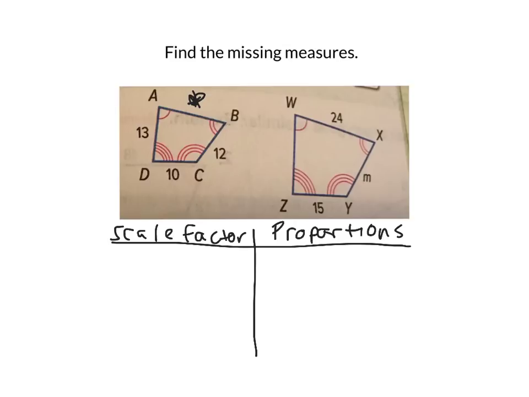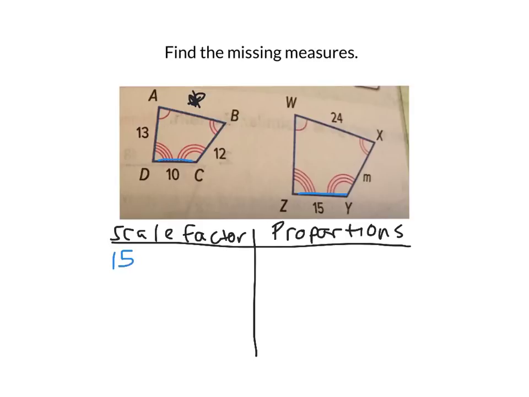So, again, in order to find the scale factor, I'm going to take corresponding sides and I'm going to set up a proportion. So, I'm going to take these corresponding sides DC and ZY.